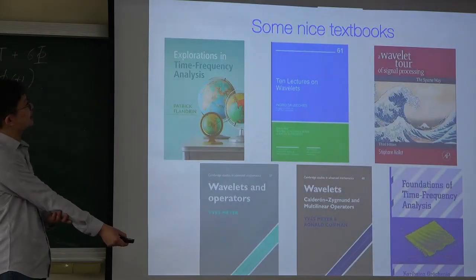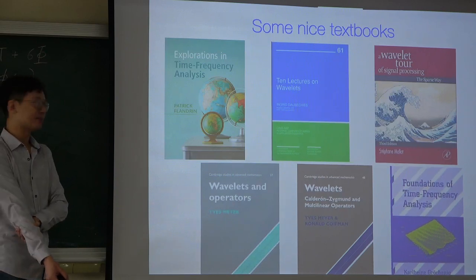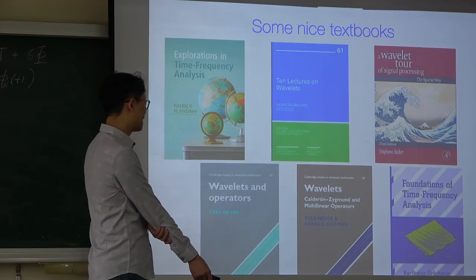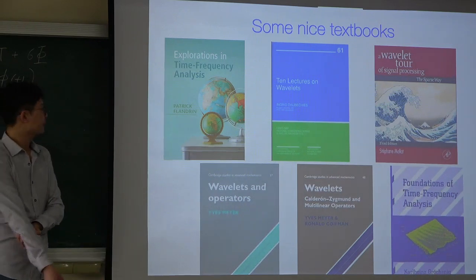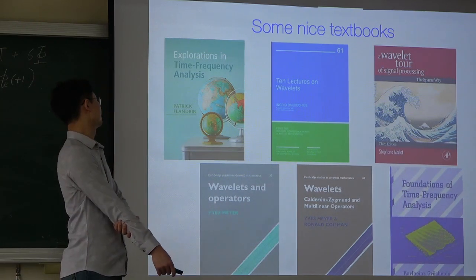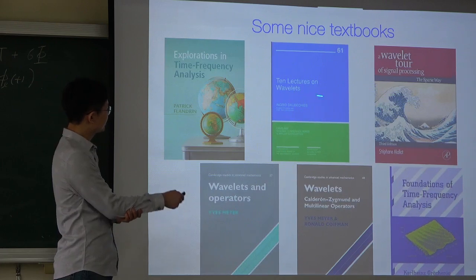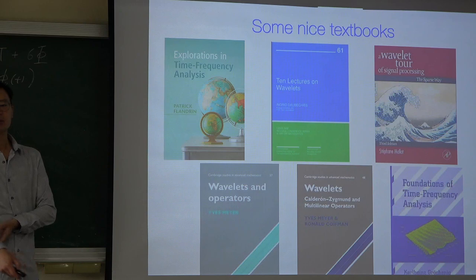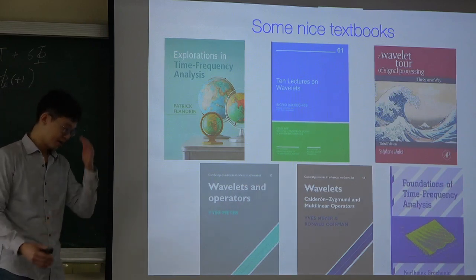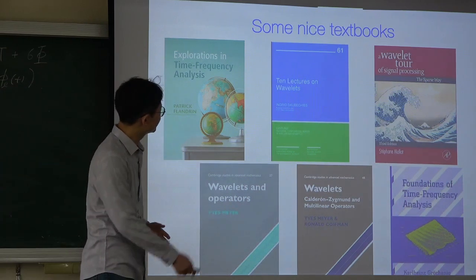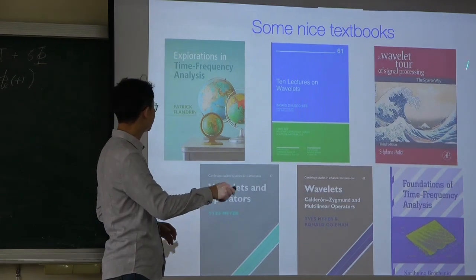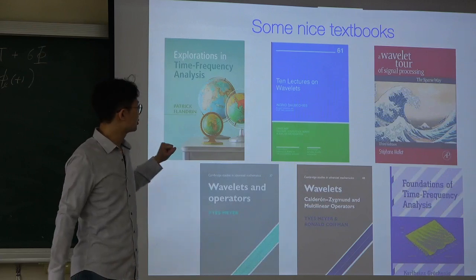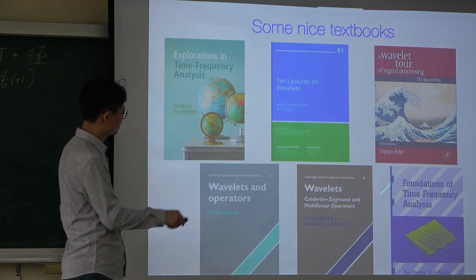And there are some very nice textbooks on this topic. I would highly recommend you pick up any of them to read. For example, this is the main textbook on wavelets, which is a very balanced one, in particular from an applied harmonic analysis perspective. And this is by Stephane Mallat. This is by Patrick Flandrin. They are all very nice literature, and I grew up with them.